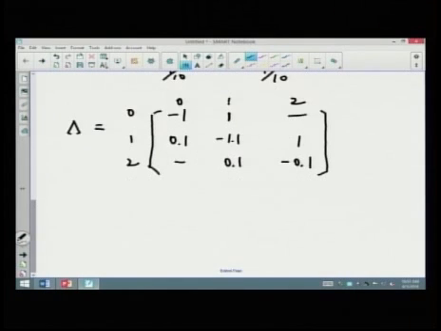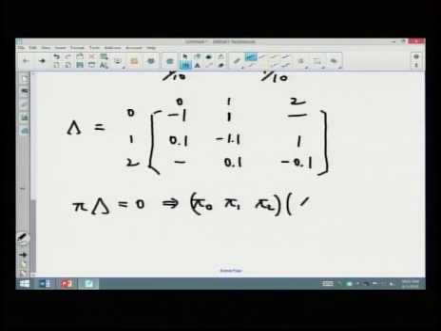Now, using the formula pi times lambda matrix equal to 0, we're going to have pi 0, 1, 2 times lambda matrix, which is this.